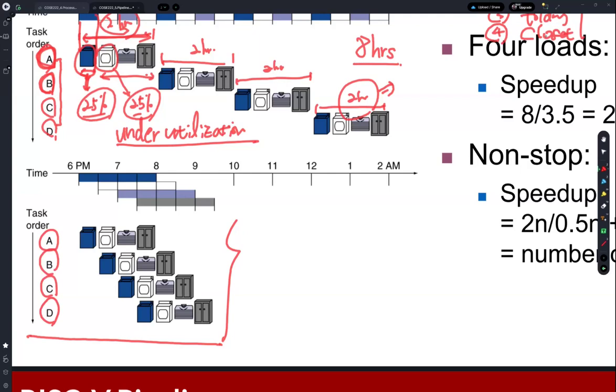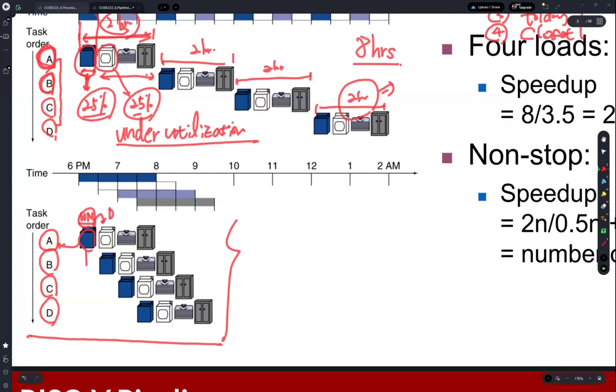Like the previous example, we have four tasks A, B, C, D, and the laundry process is composed of four steps, right? Firstly, we can use the washing machine for 30 minutes, and this washing machine is assigned to task A. And then this task A is transferred to the dryer, right?